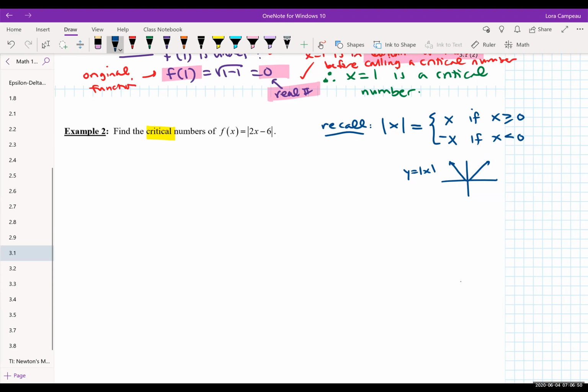So what I want to do is apply this to my more complicated inside of the absolute value. Let's rewrite it for a second in terms of this piecewise. So let's rewrite f of x. It's got two pieces.